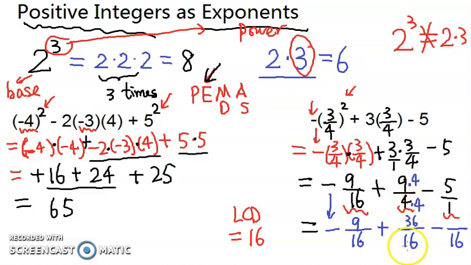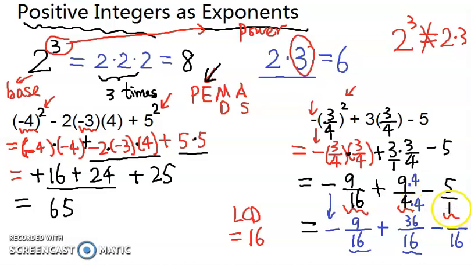So 4 times 4 gives us 16, and 9 times 4 gives us 36. These two fractions, 9/4 and 36 over 16, are equivalent fractions. So instead of adding 9/4 to this fraction, I'm going to add 36/16 because they have the matching denominator.